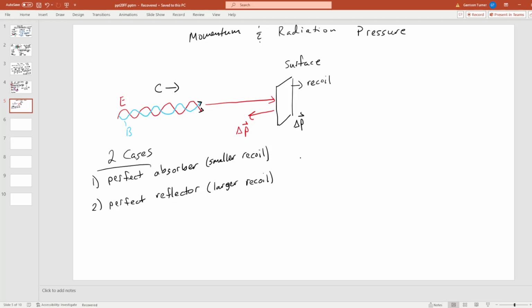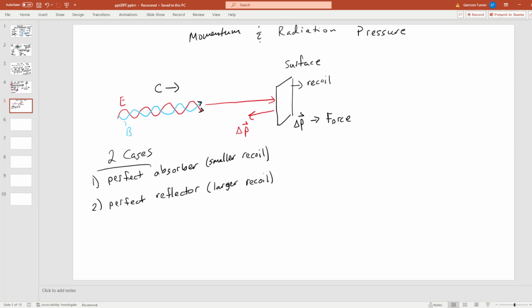So you're going to get a larger recoil if it's perfectly reflecting as opposed to perfectly absorbing. But if this is going to experience a change in momentum, then that implies that it's going to experience a force, because force is the time rate of change of momentum.